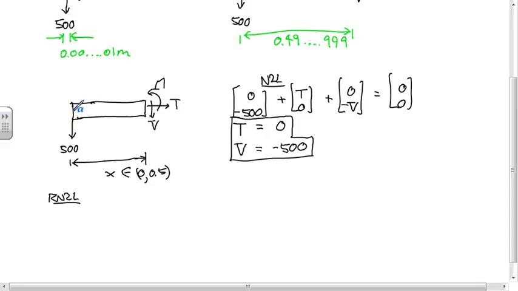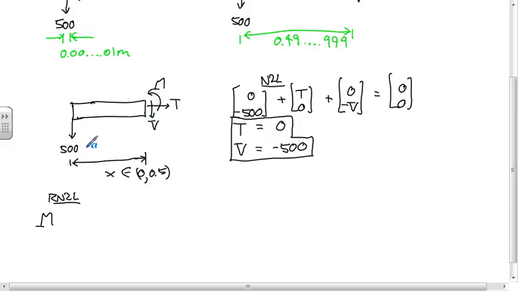So what's the moment produced by the 500 Newton force? Nothing, because that line of action goes right through the about point. There's a moment produced by the couple of M. And then what's the moment produced by the shear force? Negative Vx, yep.